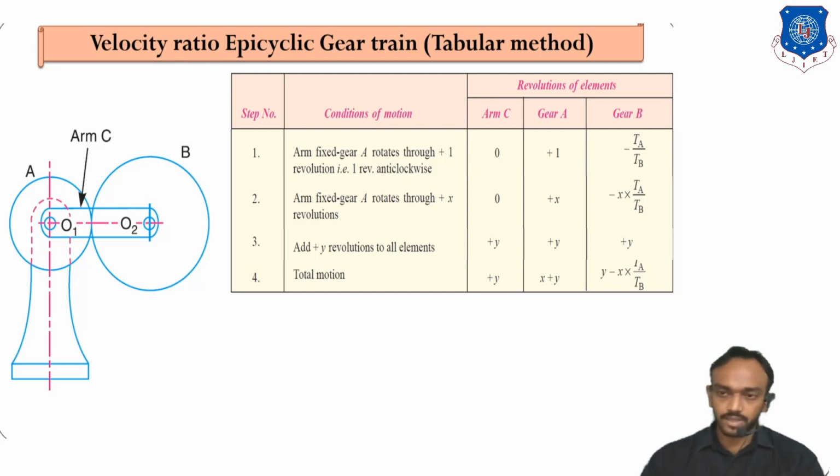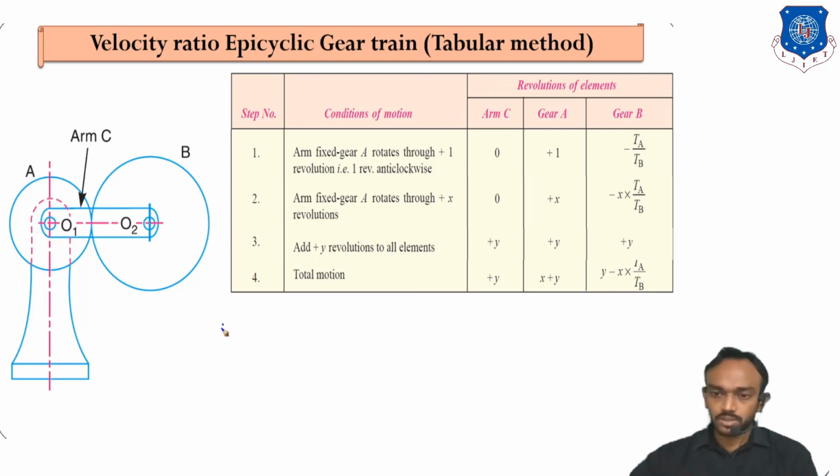Let's check one example and you will know how this table will be useful. Before starting that, I am going to give you 2 tips for every example of this gear train. First of all, make the table.